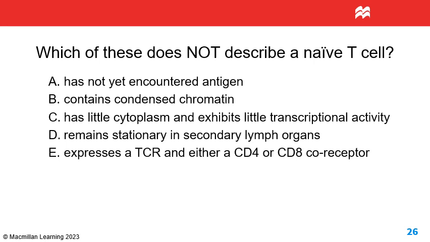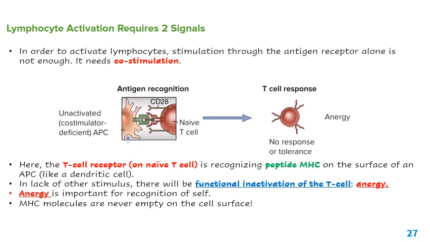The question is which one does not describe the naive T cell? Okay, anybody need more time? Okay, what's the answer? D. The naive T cell is not going to sit there and just wait for something to show up. It's always recirculating. Okay? All right, so we're going to stop here and we'll pick up from here next time.